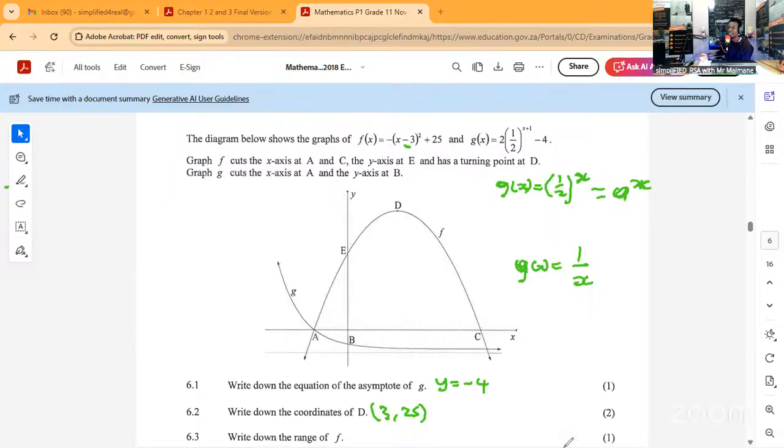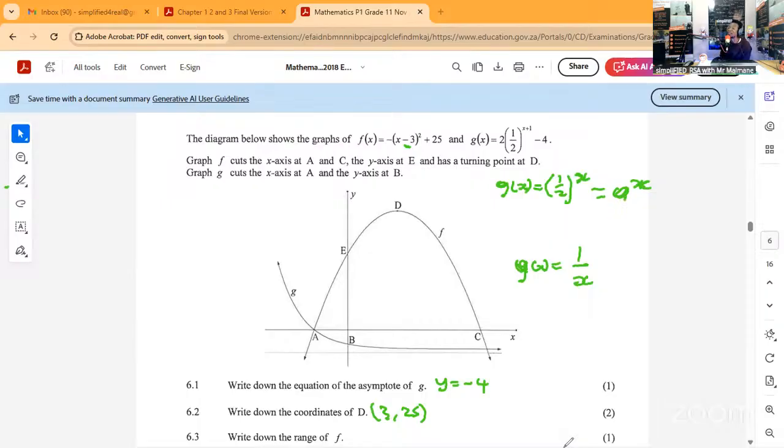Write down the range of f. Okay, the range.